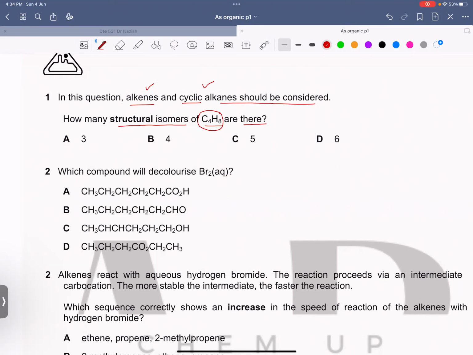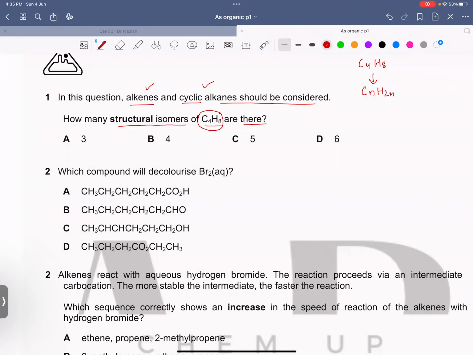So if we work for it, let's talk about C4H8 as I have discussed with you. If you look at its formula, we can conclude from this that its general formula is CnH2n, right?